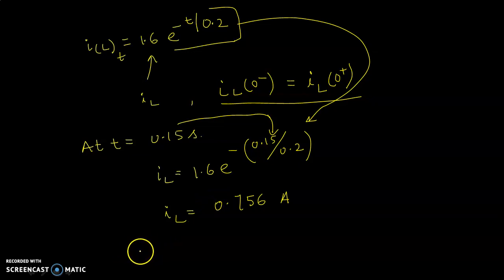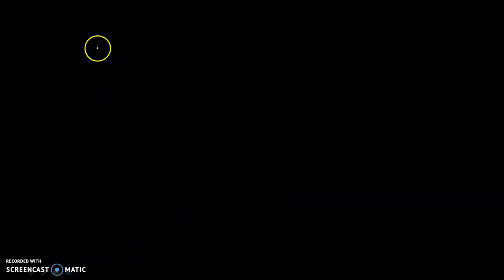Now at t is equal to 0.15 second, I1 is equal to 0 amperes, as the 8 ohm resistance is shorted by the closed switch, that is 0 ampere.